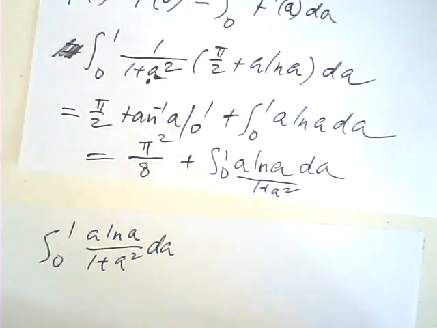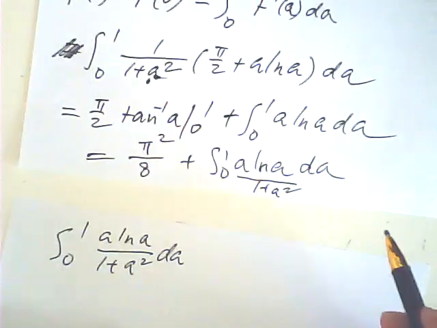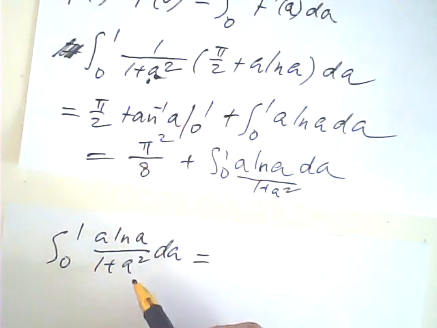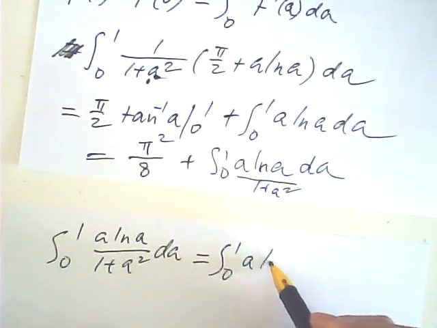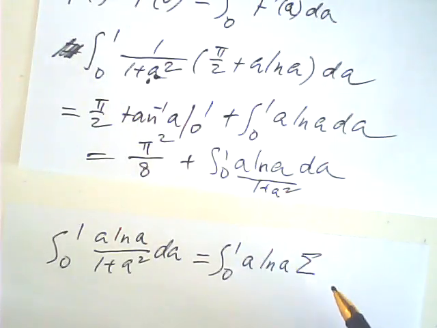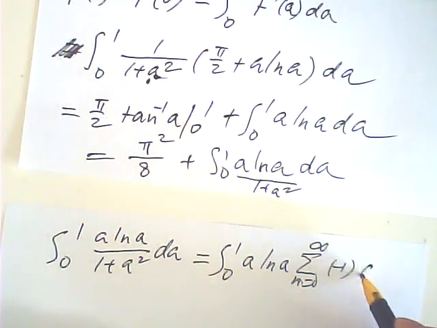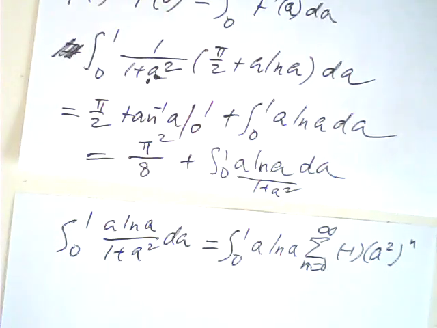Now, I'm using power series, right? This is the integral from 0 to 1 of a log a times a power series, the sum from n equals 0 to infinity of negative 1 to the n, a to the 2n. Right? This is a power series, anyhow.